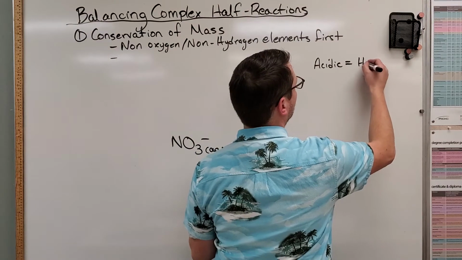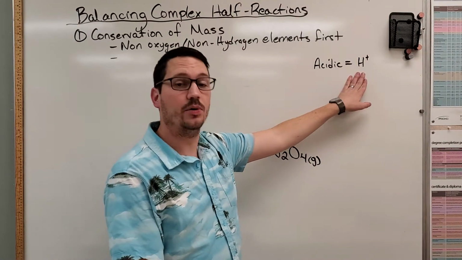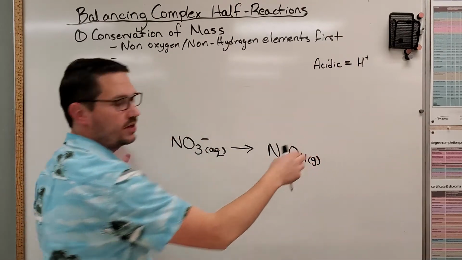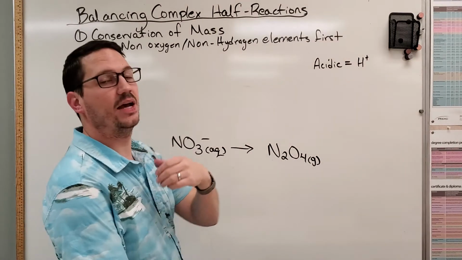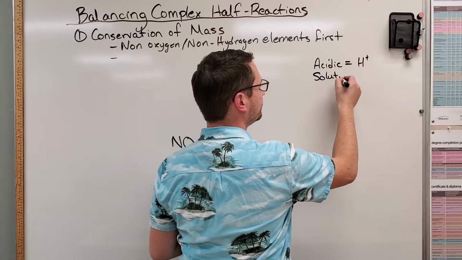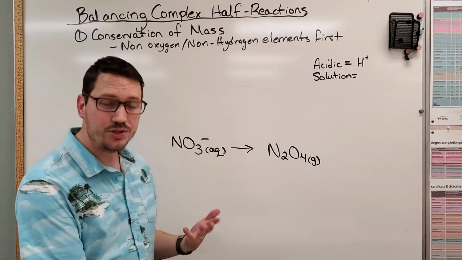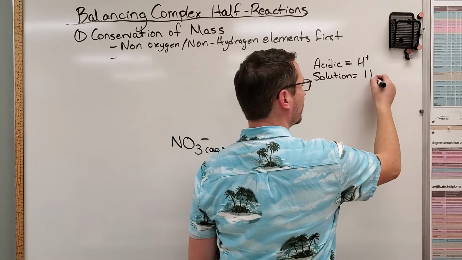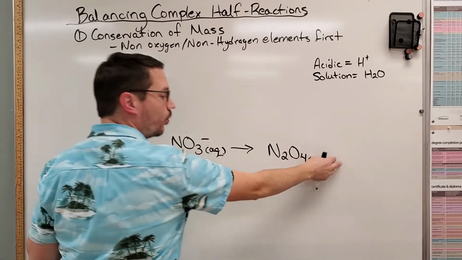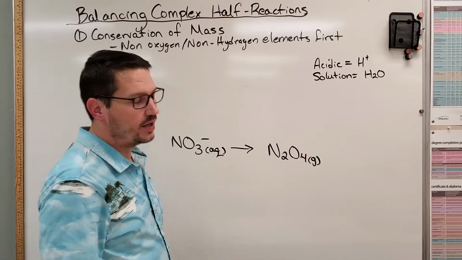And so we're going to say H+. So there is H+ available. We can put H+ on either side of this reaction if we need it, because it's done in an acidic solution. Now the other word, solution, well, we should know that a solution means that we have water available. And so we can balance this reaction by adding water molecules on either side, wherever we need them, depending on the circumstances.